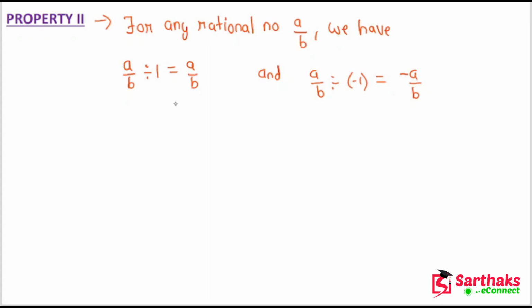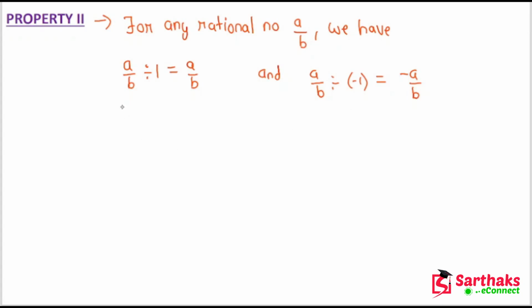It is pretty clear that if you divide any number by 1, you will get the number itself. We have already seen we can write 5 equals 5 upon 1. Similarly, you can write 2 upon 3 divided by 1 equals 2 upon 3. And if you divide any number by negative of 1, that is minus 1, then also you will get only the negative of the number.